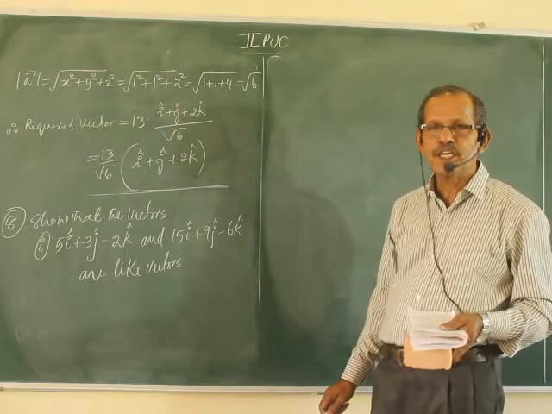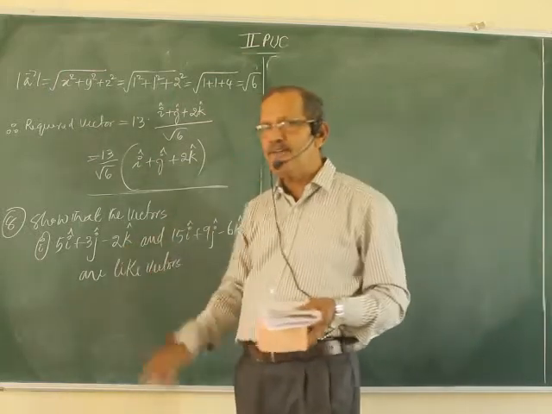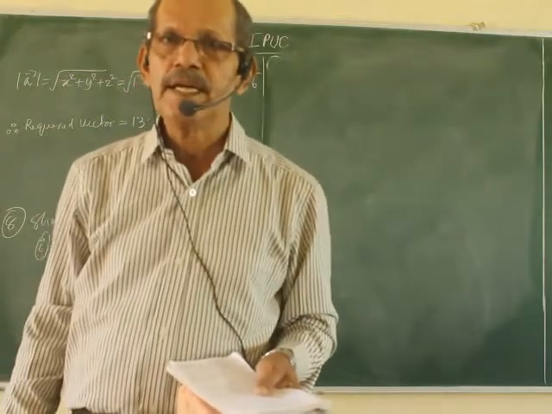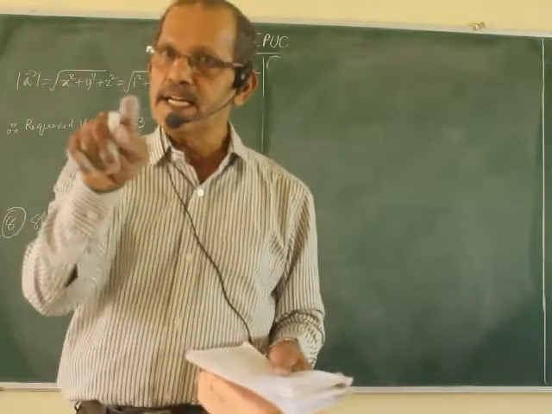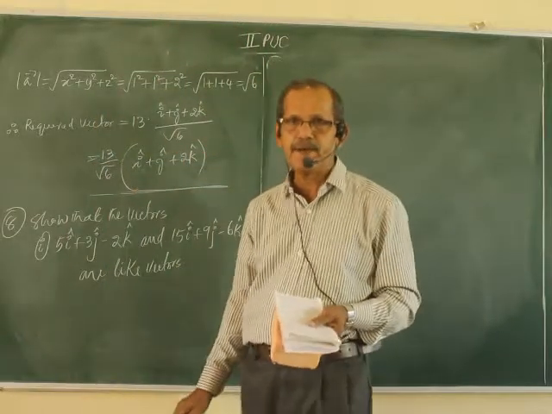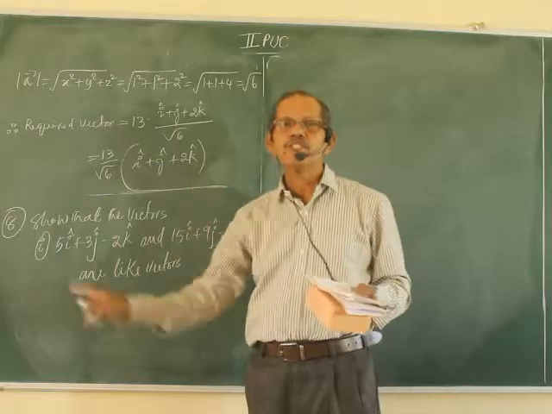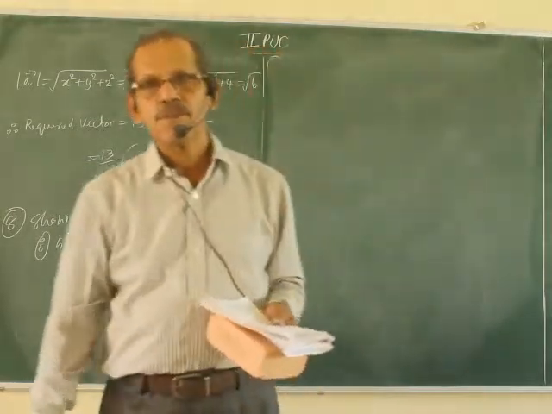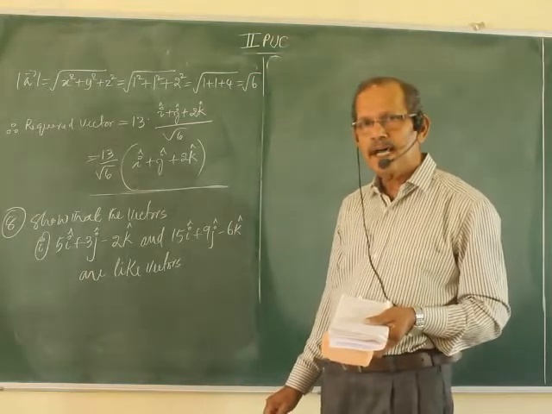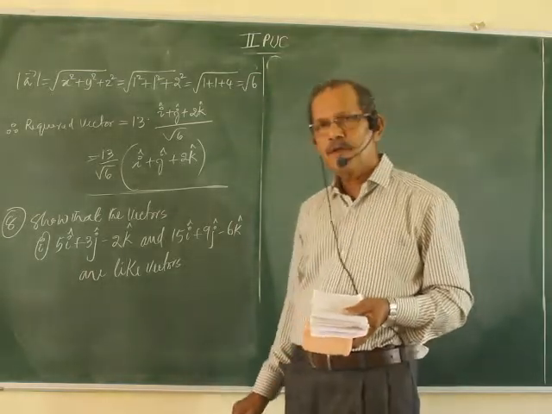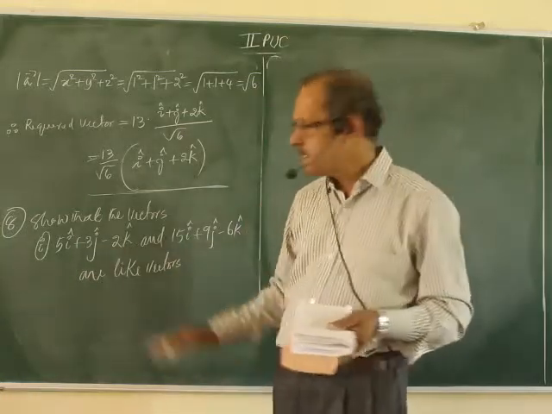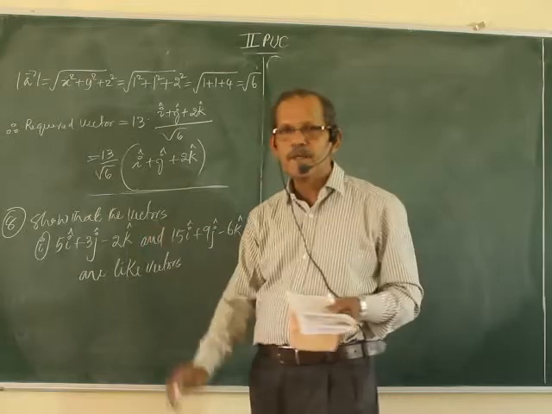Like vectors means two vectors having the same direction, irrespective of their magnitude. Whatever the magnitude may be, their direction must be the same. Magnitude may be anything. But how to verify whether they are like vectors?